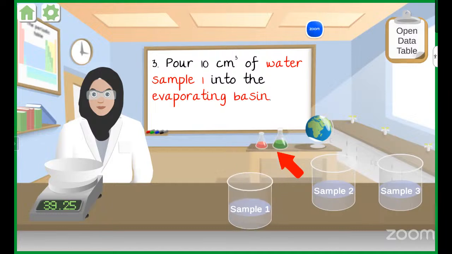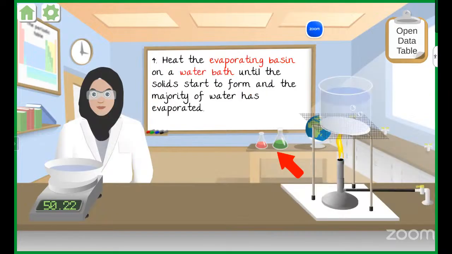Okay, so we're doing that now. We want to pour this here. Okay, we just poured. Did you notice the new weight after we poured the sample? Yes, sir. So that was 50.22. Now read the fourth instruction in there.